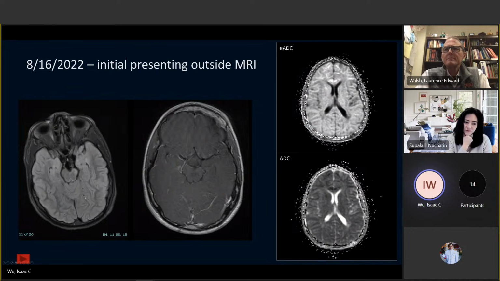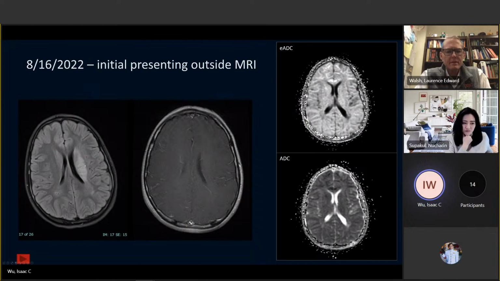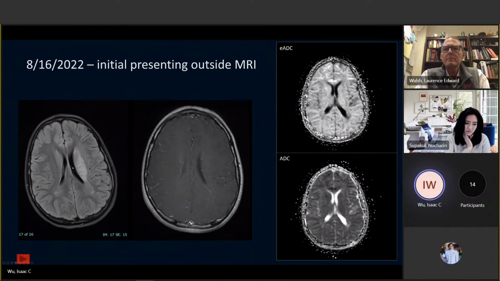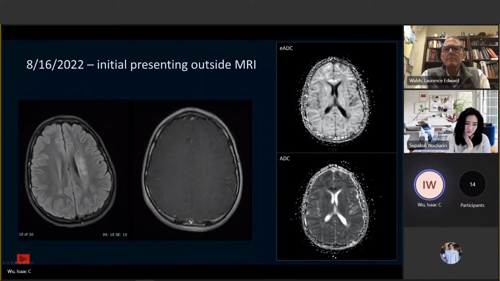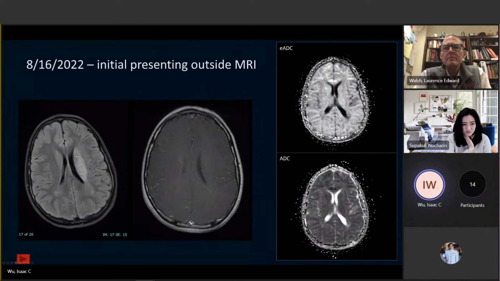Based on the clinical information, the first thing that I think everyone can see very clearly is a relatively confluent area of abnormal T2/FLAIR hyperintensity, involving the periventricular white matter, but a lot of it involving the deep gray, including the caudate nucleus.